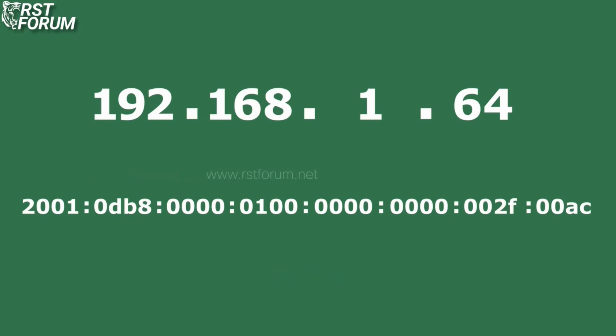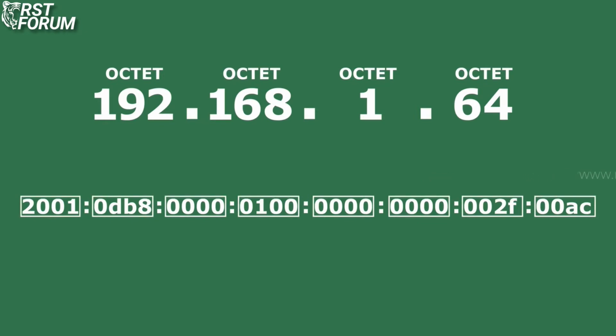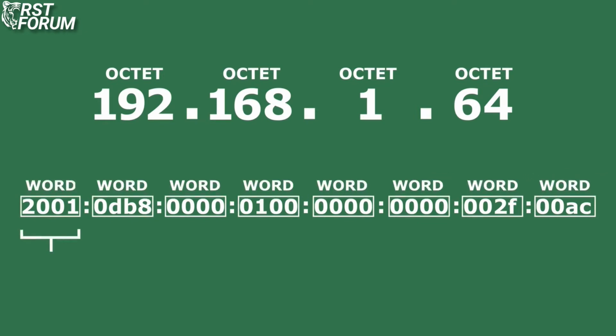IPv4 has 4 fields called octets, whereas IPv6 has 8 fields called words. Each word has 16 bits. IPv4 uses dots to separate octets, but IPv6 uses colons to separate words.